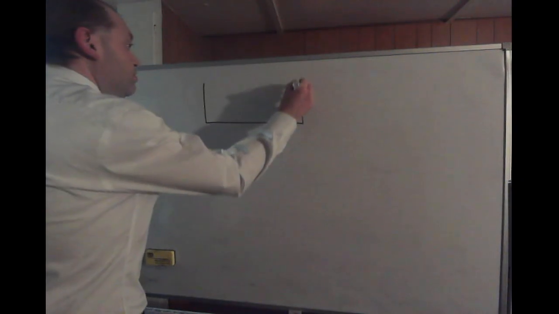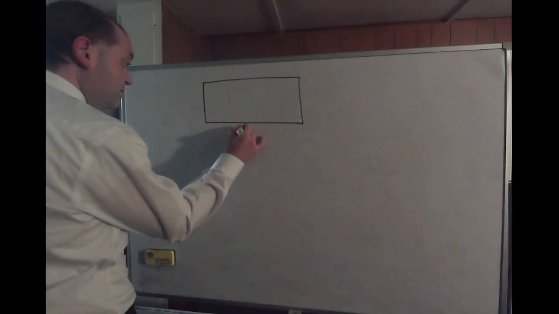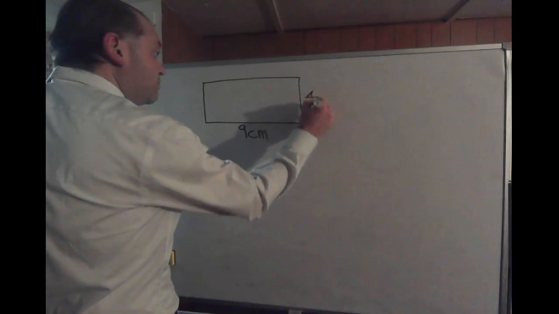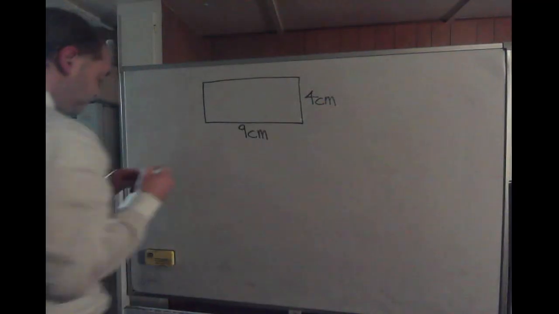First here, we're going to be given a rectangle and we have to solve for some missing values. So let me draw the rectangle. There's your rectangle. The base has a length of 9 centimeters. The height has a length of 4 centimeters.